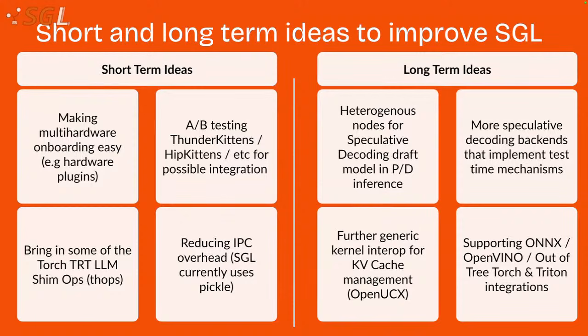On this same speculative decoding path, I would want to do a little bit more research, because I think there are many different forms out there, and the industry standard has been Eagle 3, which SGLang supports. But there are a lot of interesting approaches to test time learning mechanisms for speculative decoding.